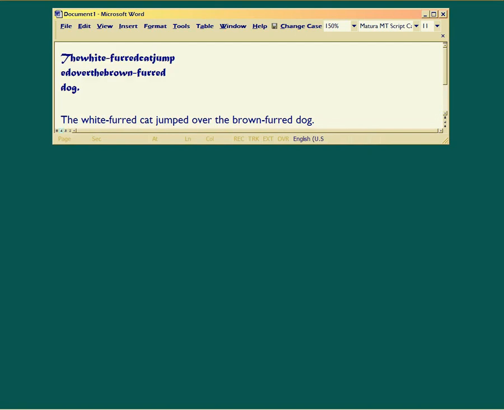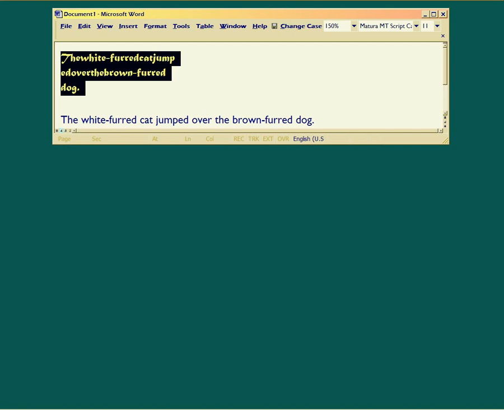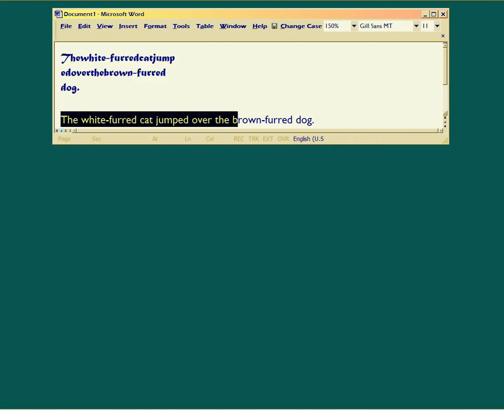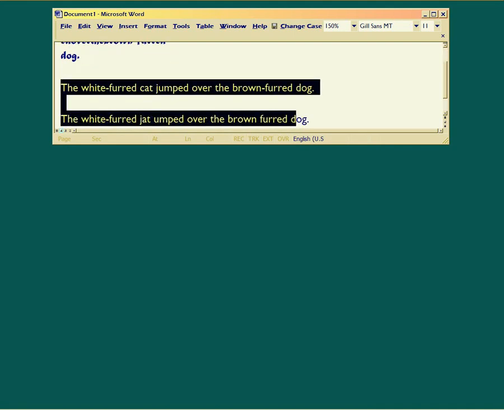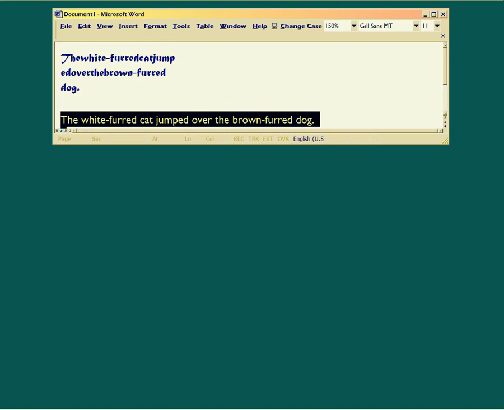All right, as you can see, it's accurate. The white furred cat jumped over the brown furred dog. You see that? Okay, so this particular scribe copied it correctly and readable. Oops, you're not supposed to see that yet. Copied it correctly from the original.